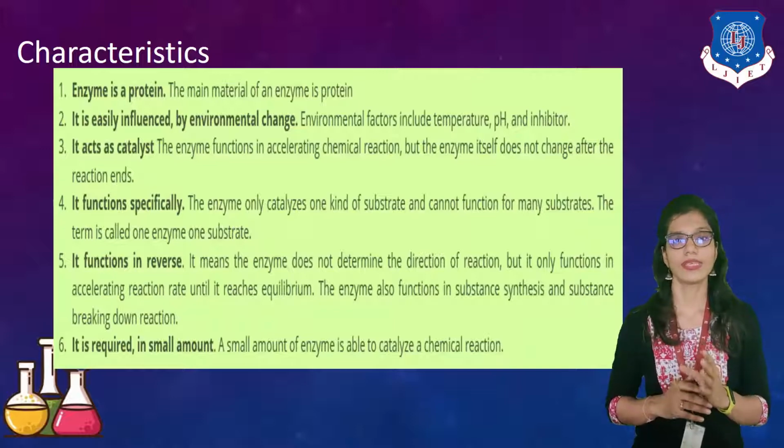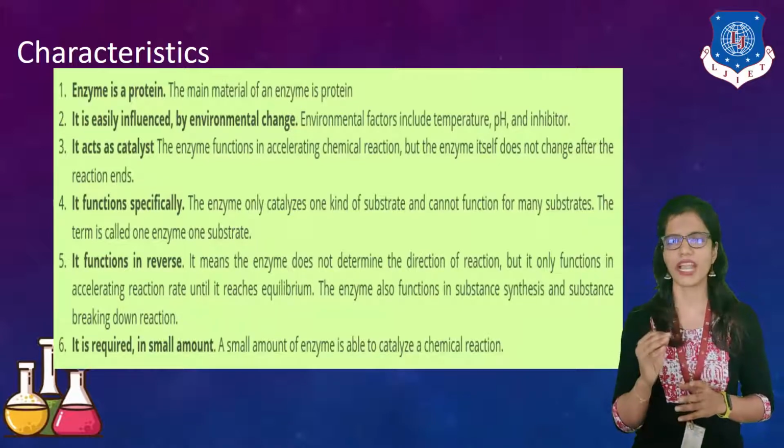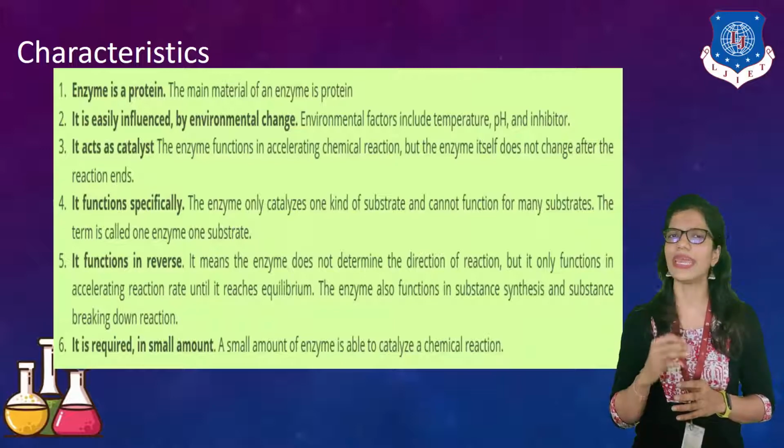Second characteristic is that it is easily influenced by environmental change. With a simple environmental change, the characteristics of that enzyme will be changed. The role of that enzyme will be changed. So environmental factors include temperature, pH, or any kind of inhibitor.